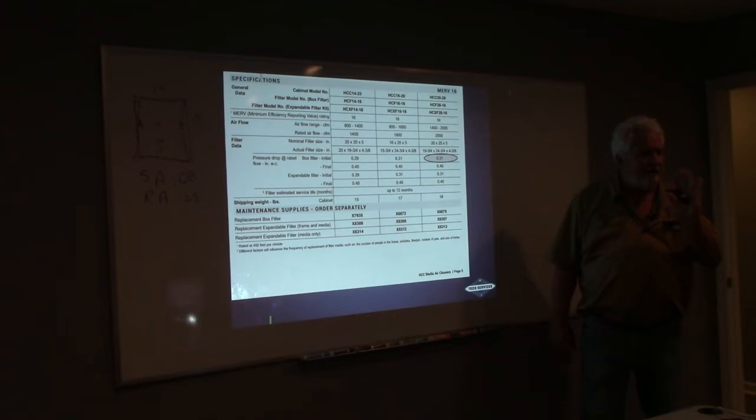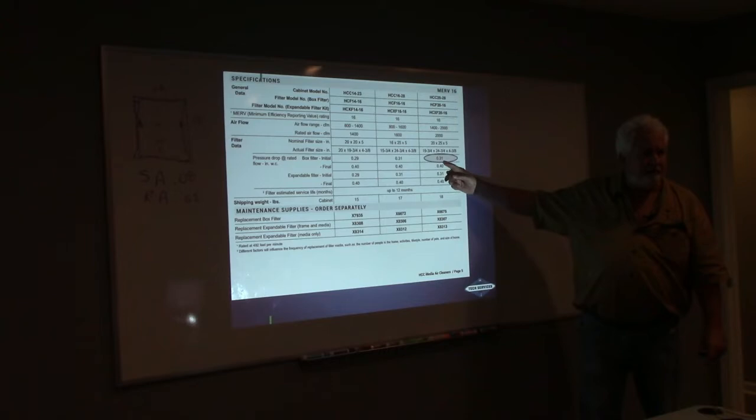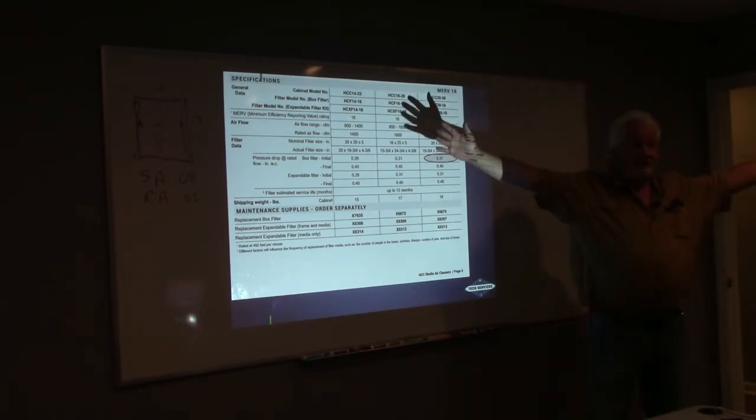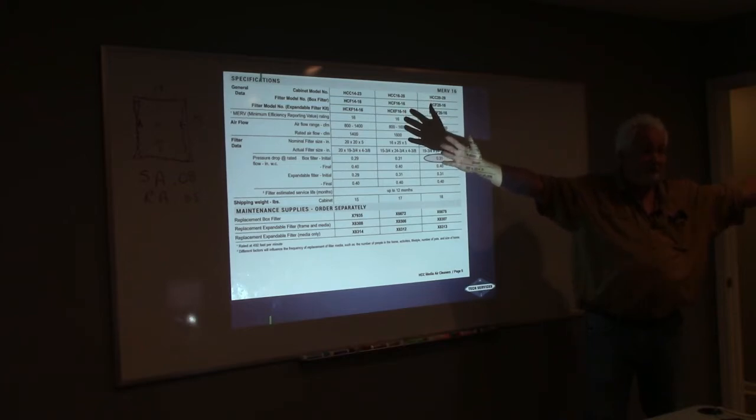If I had 0.5 total that I could work with, and the filter is already pulling out 0.31, how much does that give me for the rest of the duct system? Not much. Does that make sense? So the rest of the ductwork is going to have to be this big in order to get the air through with no resistance at all. Does that make sense? Good.